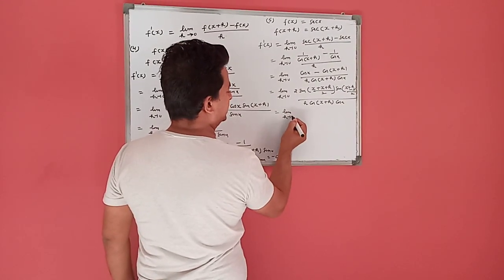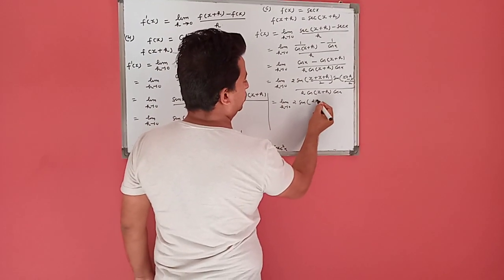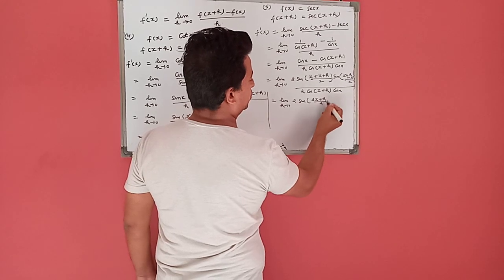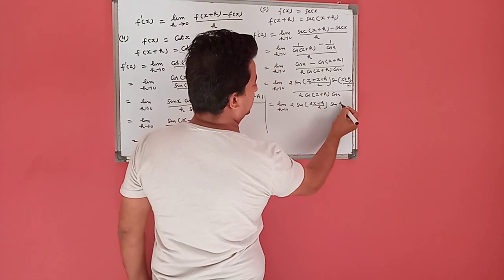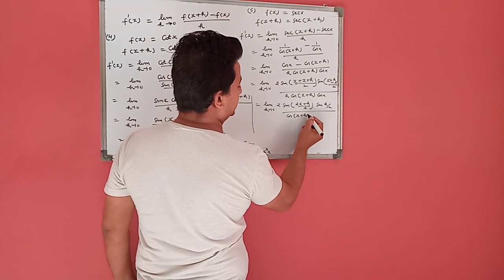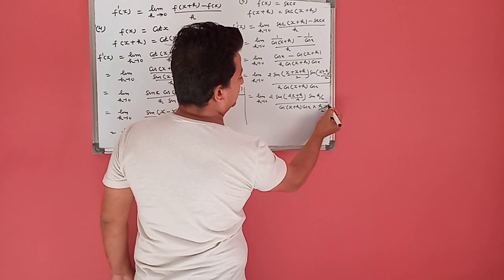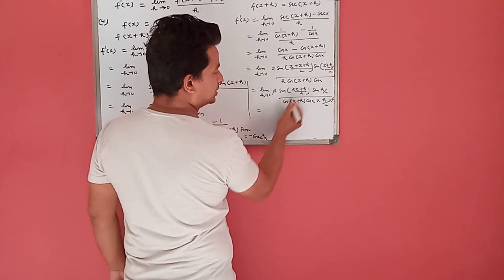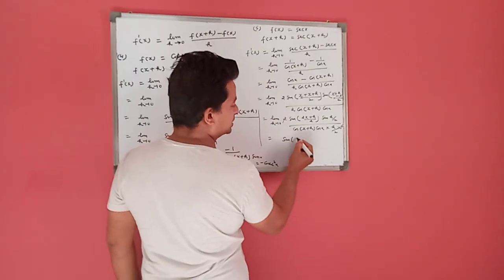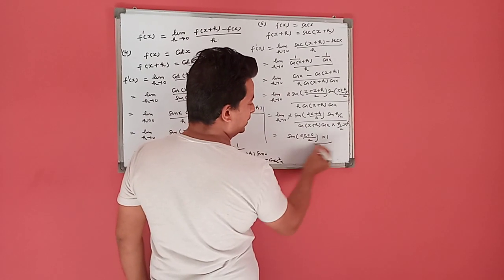This equation is 2 sin((2x + h)/2) into sin(h/2), over cos(x + h) into cos x, with h/2 multiplied by 2 divided by 2. This cancels out. This becomes sin((2x + 0)/2). This ratio is equal to 1.